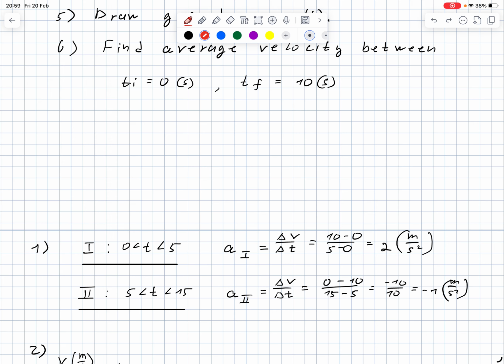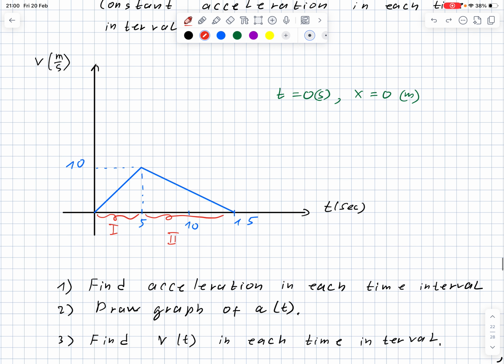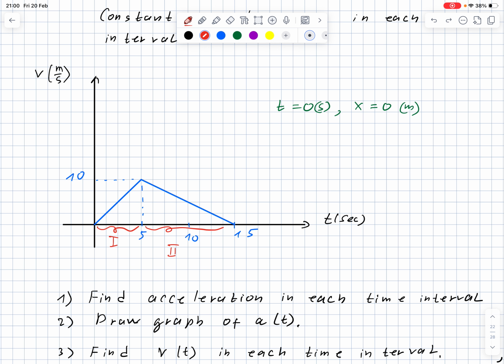Now let's see what the acceleration of the second time interval is, which is between 5 and 15 seconds. Let's see what we have. When time equals 15 seconds, we see that velocity is 0.